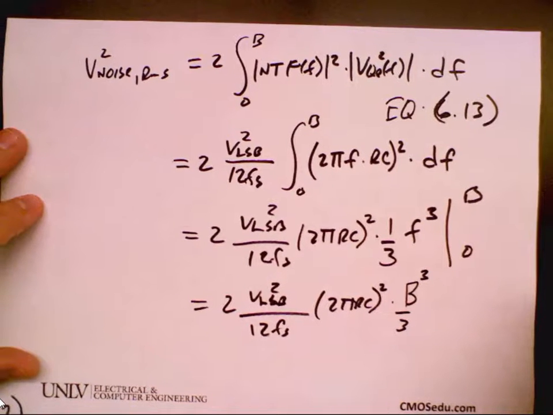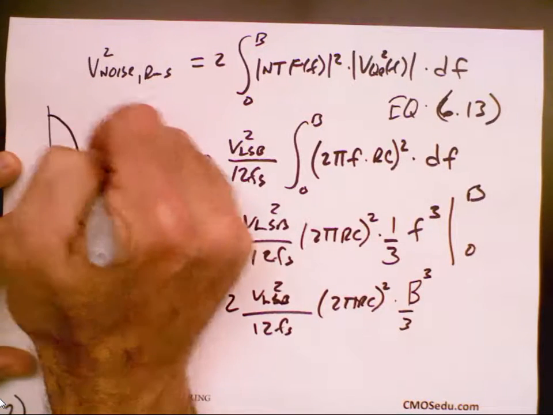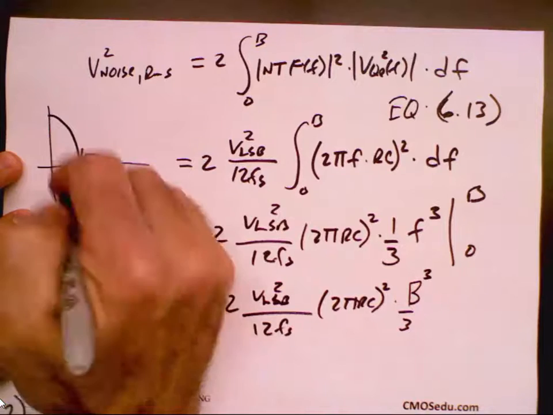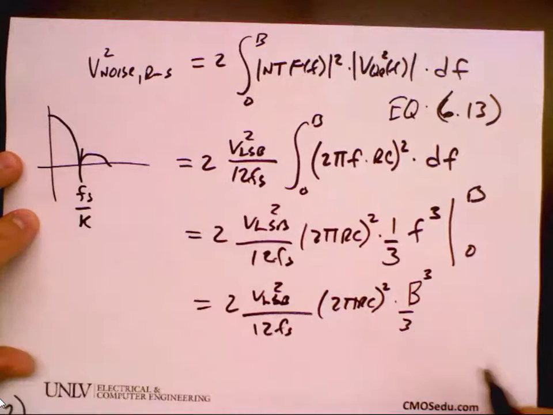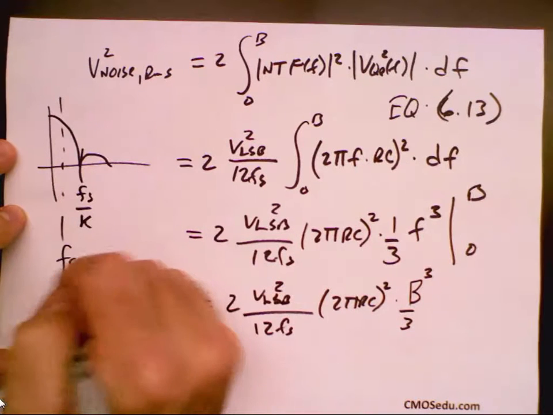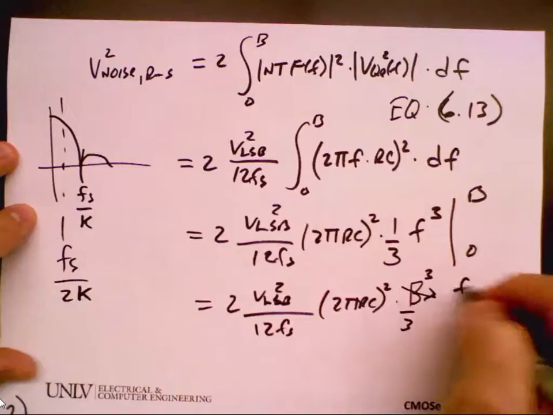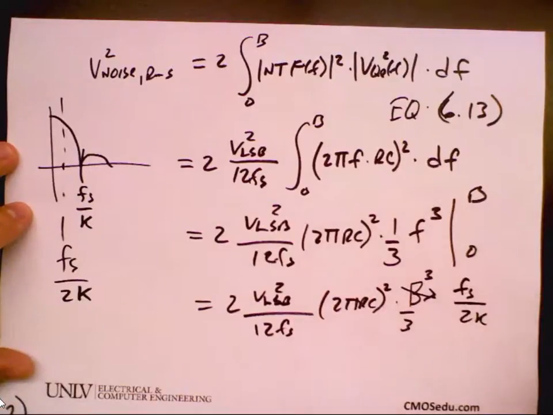Now, if you recall in our filters, we had bandwidths where this was f sub s over k, and then half of that would have been f sub s over 2k. So I'm going to use that for my B in order to try to get an idea for the quantization noise. So I'm going to put B equal to f sub s over 2k.